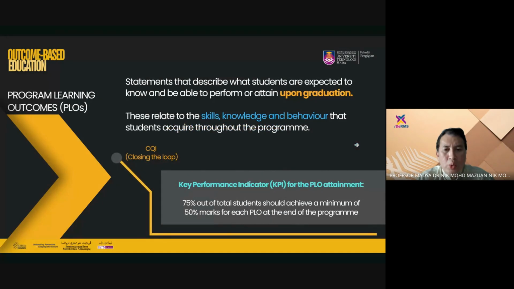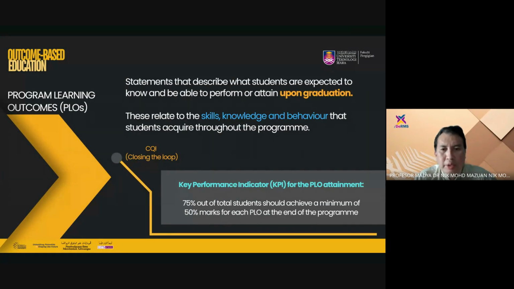Next, the PLO. For the PLO, it's a little bit complicated when we look at it from the assessment perspective, because our assessment has to map to PLO. When we map to PLO, we need to ensure that all the PLOs are addressed in our program, and at the end of the program, we have achieved all the PLOs.